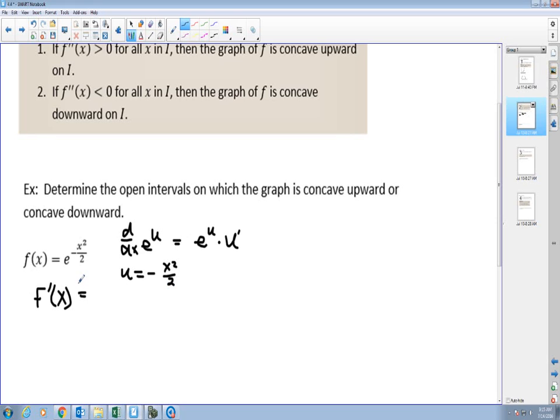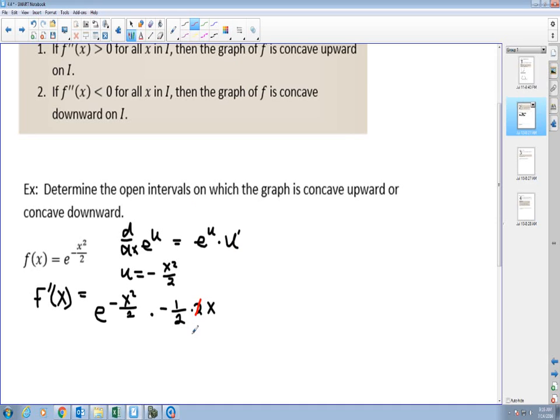So the first derivative is still e to the negative x squared over 2 times u prime. My u prime is the derivative of negative x squared over 2: negative half stays up front, bring the 2 down, and the exponent decreases by 1, so that is x to the first.